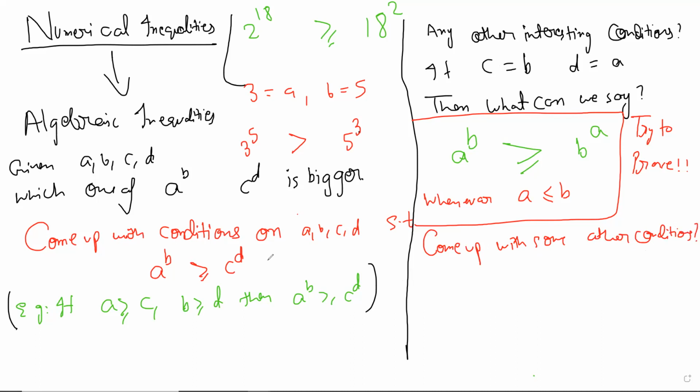You can also use the intuition that changing b will create more impact than changing a by the same amount. If you change b by 1 or 2, that will create more impact than changing a by 1 or 2. You can kind of feel these things are correct. So try some examples and put some conditions.